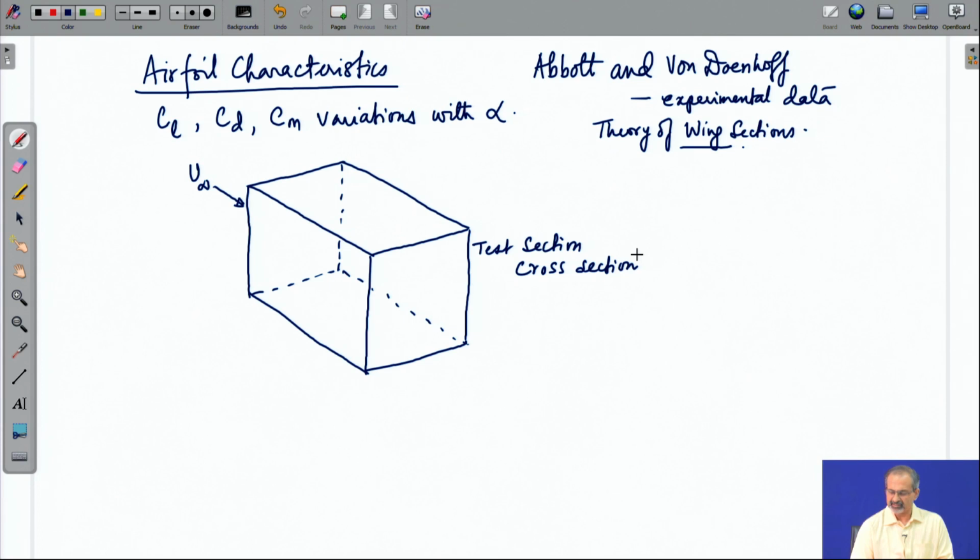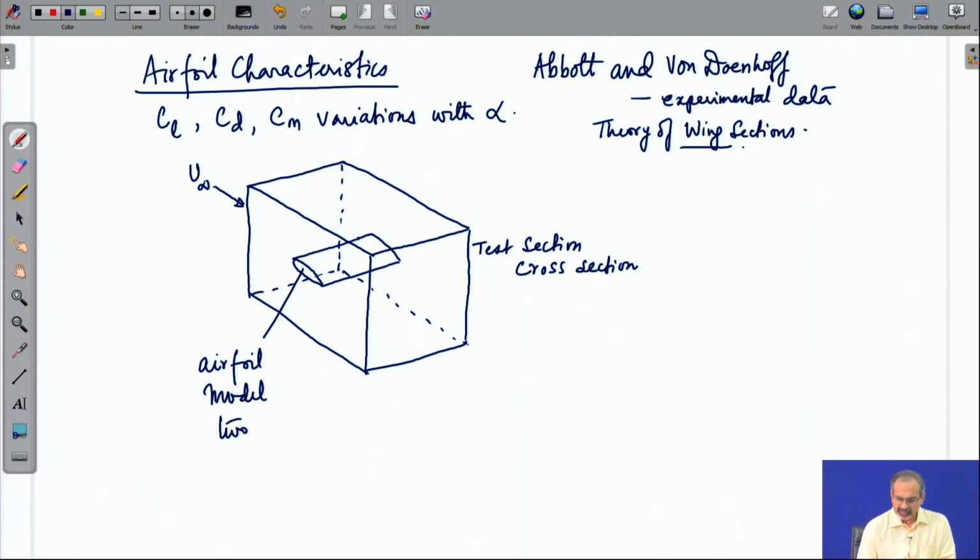We are trying to sketch the test section in more like an isometric sense, and then considering the features to be transparent, as if we can see through the different objects placed in the wind tunnel, we can imagine that an airfoil model is mounted in the test section in such a way that it is spanning end to end of the test section. That means, it is reaching out to the two side walls.